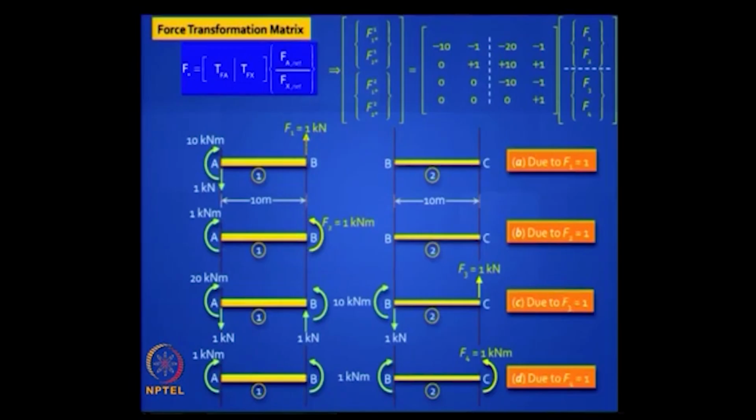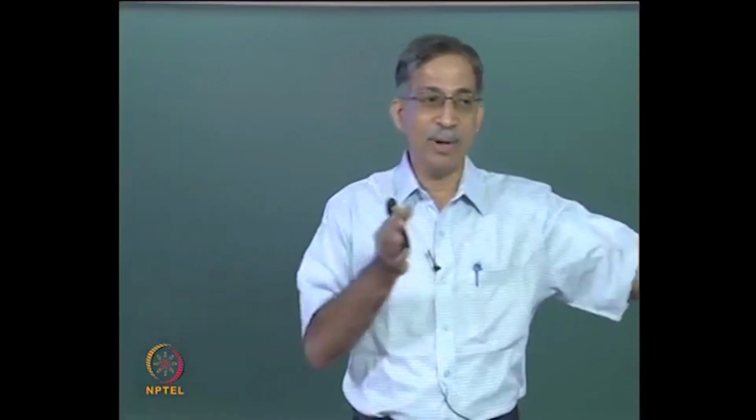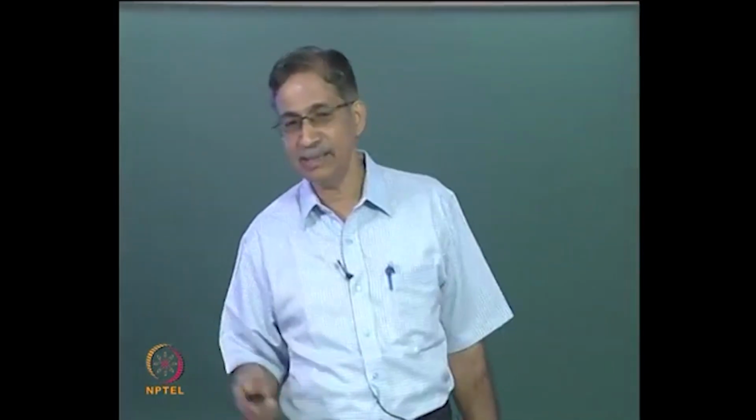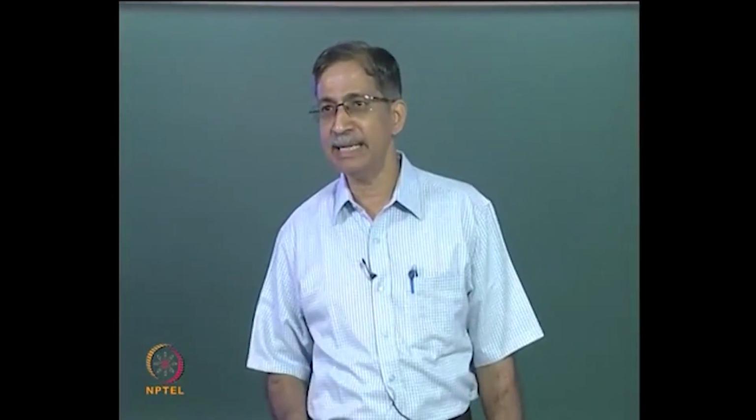Once you have got the end moments, you can find the vertical reactions, you can draw the shear force diagram, bending moment diagram. But remember, this can handle only nodal loads. You also have to add the contribution of fixed end forces, for which we have to borrow ideas from the stiffness method. So let us do that next.